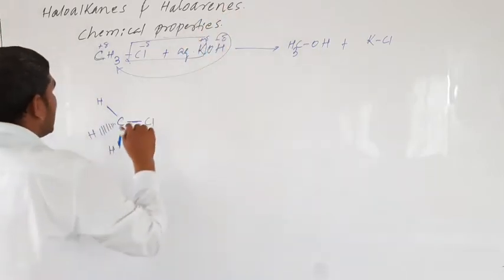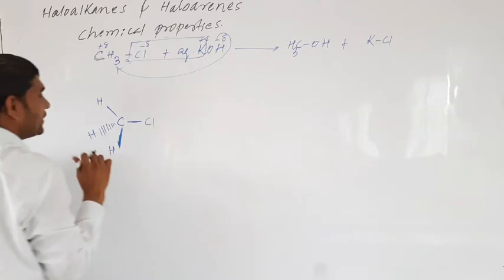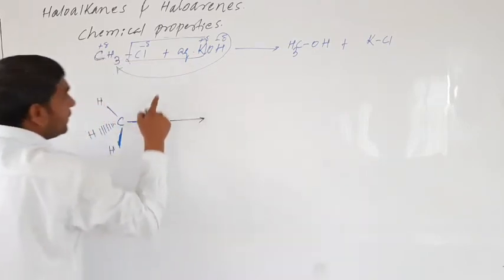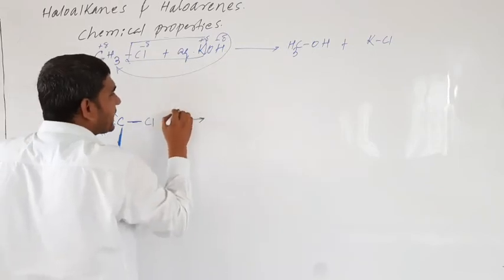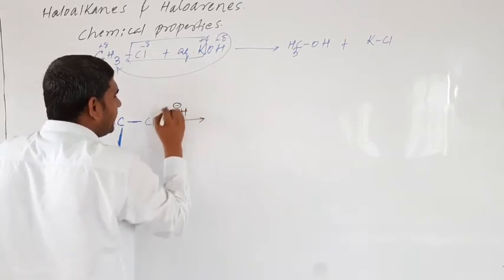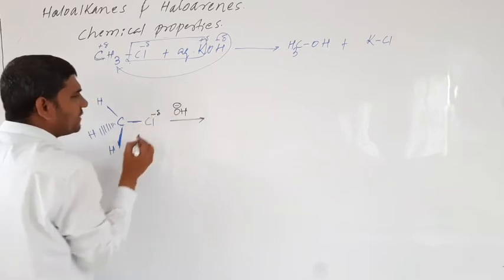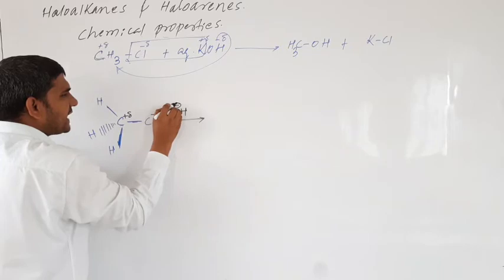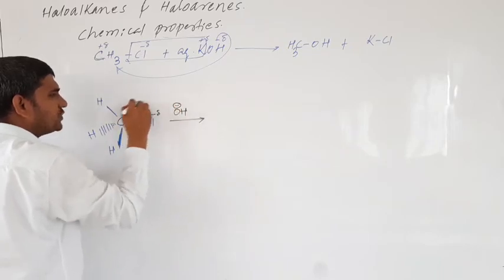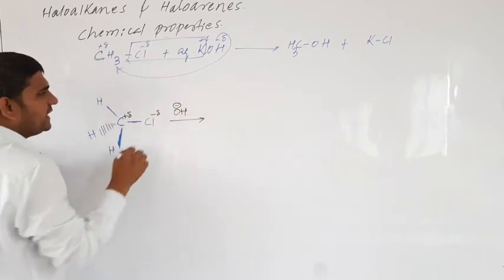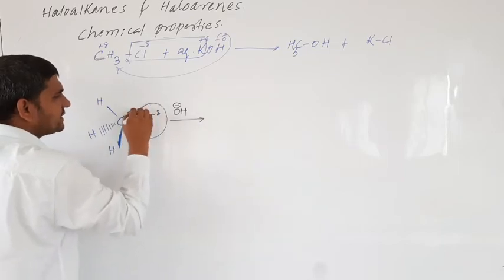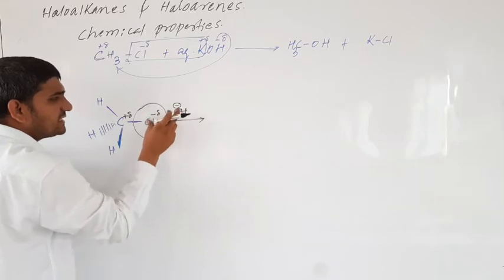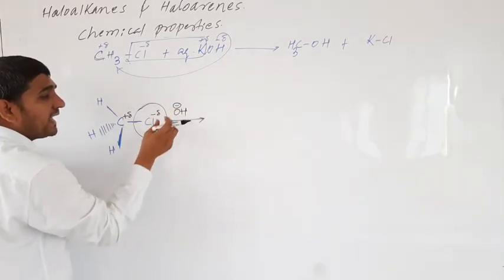Now OH minus acts as a nucleophile. OH minus tries to approach this carbon, but the difficulty is that Cl is bigger in size. Due to the bigger size, and since this is negative and this is also negative, there is a repulsion between like charges.